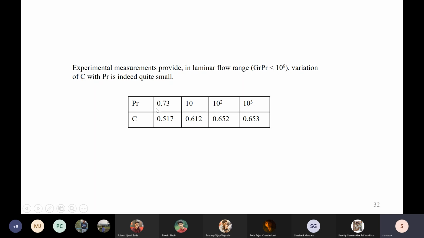That essentially covers all fluids that we know of. If you do that, the value of C is almost the same, around 0.6, except for low values of Prandtl number. So for most of the cases, 0.6 is a safe choice for the value of C.